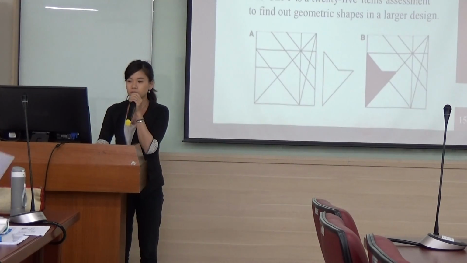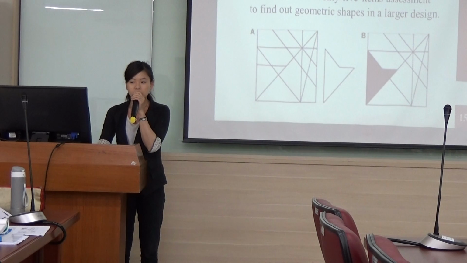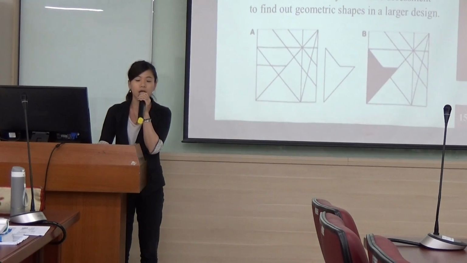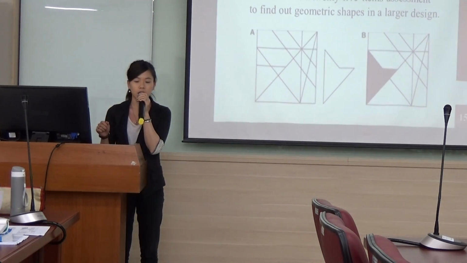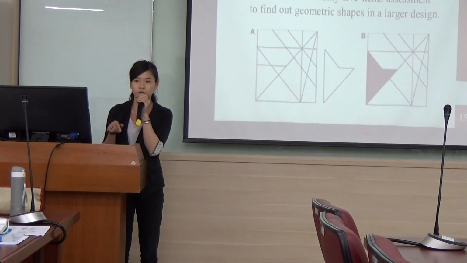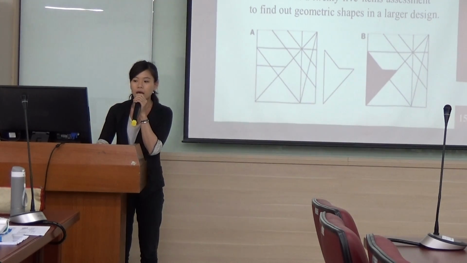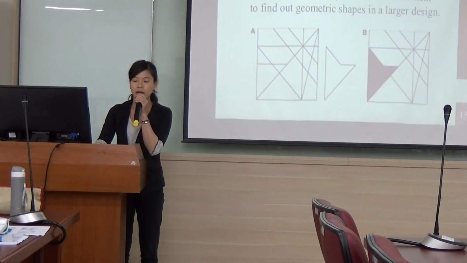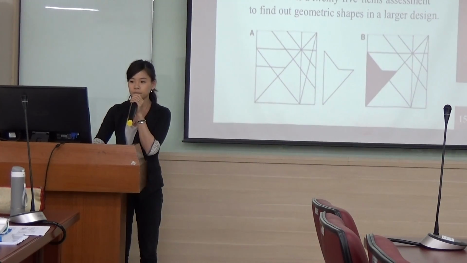The second one is the Group Embedded Figures Test, which we call GEFT. The GEFT is a 25-item assessment to find a geometric shape in a larger design. This test is used to classify all the participants into field-dependent and field-independent. And the researcher only used 18 items in this study.